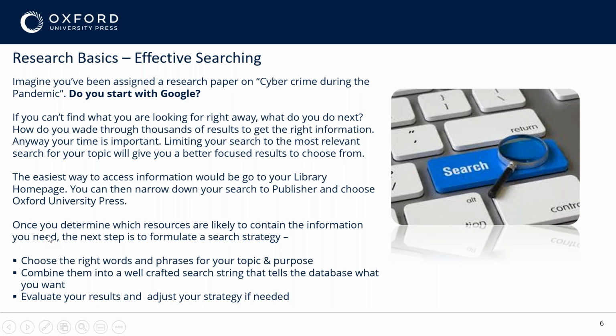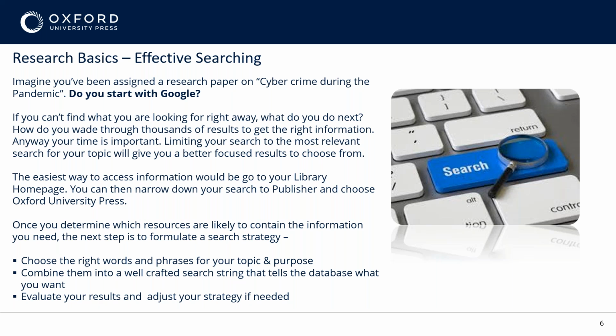And then from Oxford University Press, you probably have research to books, to handbooks, to bibliographies, whatever you have. Your next step, or even if you've not chosen Oxford and you've chosen Elsevier or Wiley, any other publisher, your next step would always be to look at the different resources you have from these. Or maybe from your library page, you can just choose which subject you're interested in.